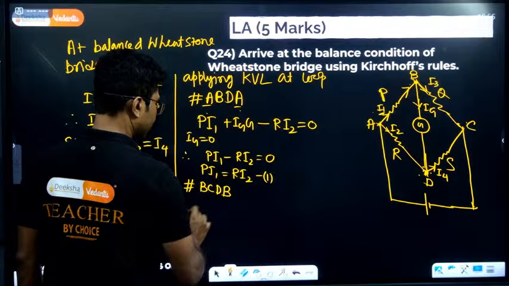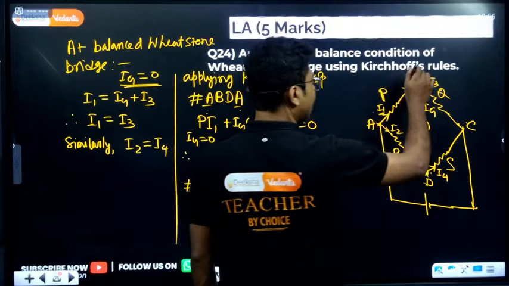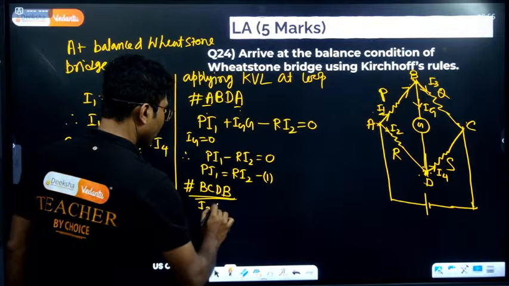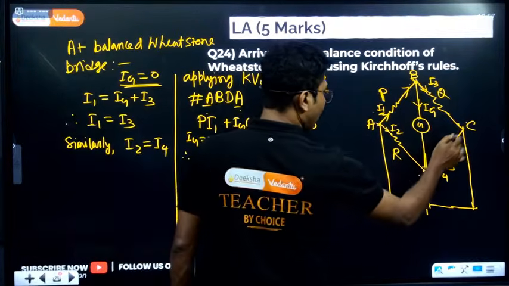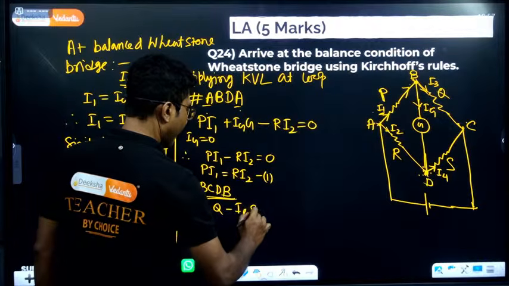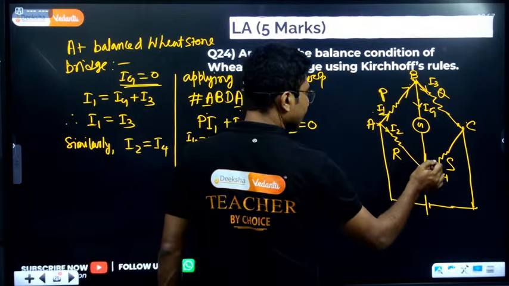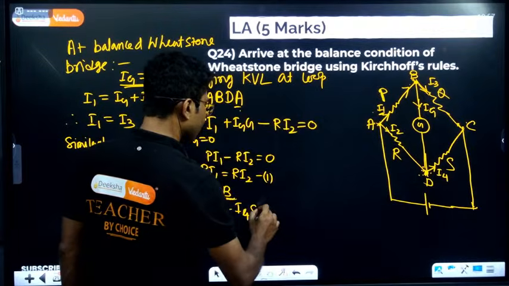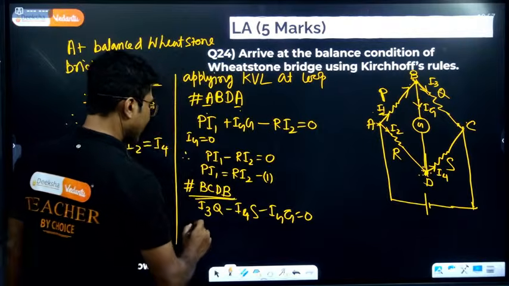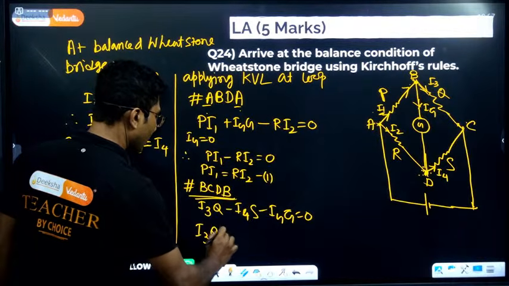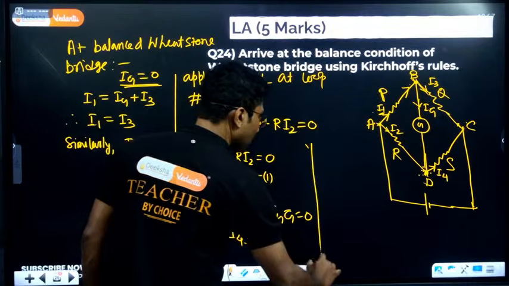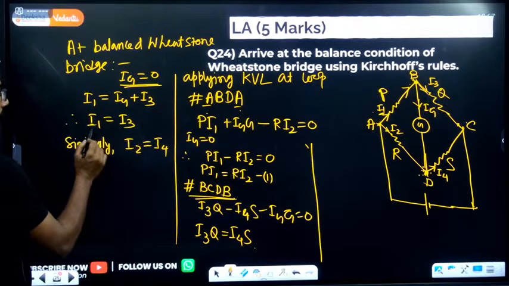In this loop, I3 into Q minus I4 into S and minus Ig into G. Obviously, Ig being 0, we can write I3 into Q equals I4 into S. Right? Now, we also know that I1 equals I3.